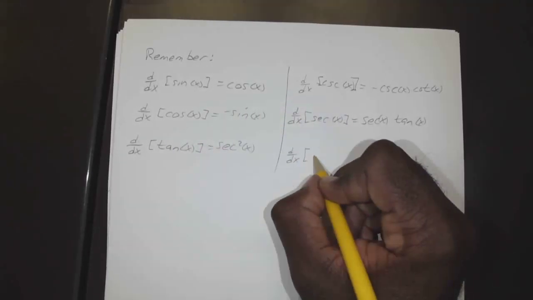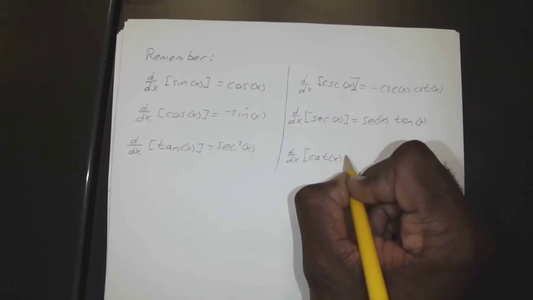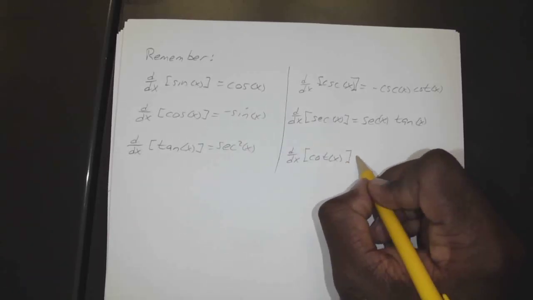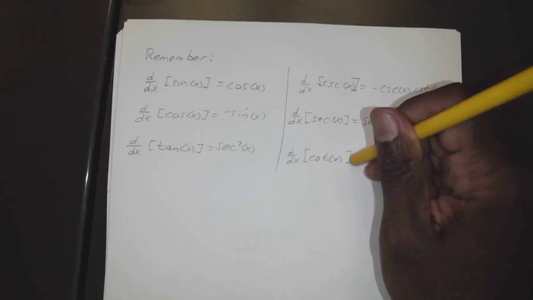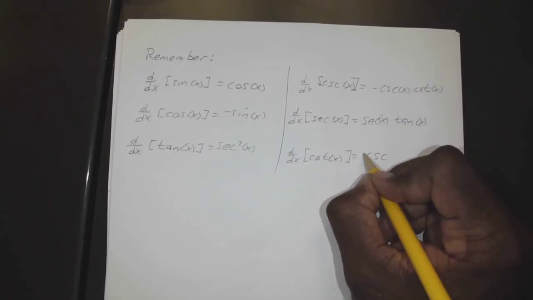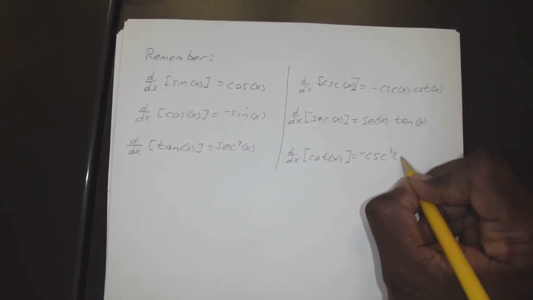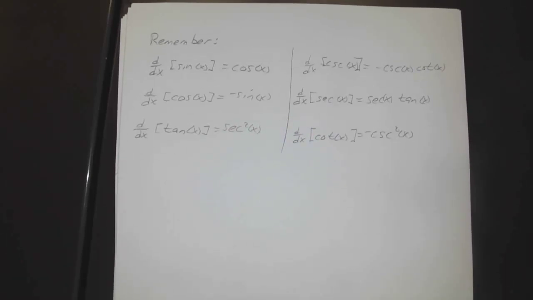And the derivative of cotangent x, remember that's negative cosecant squared of x. Okay, so that's what we went over before, just the derivative of our trig functions.